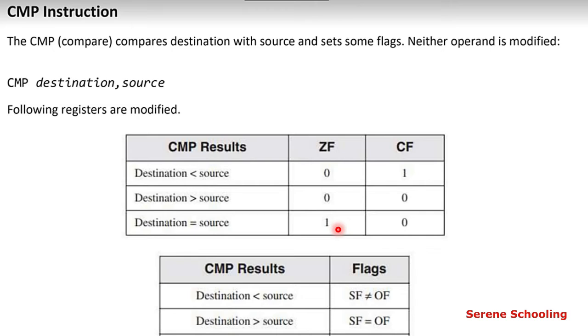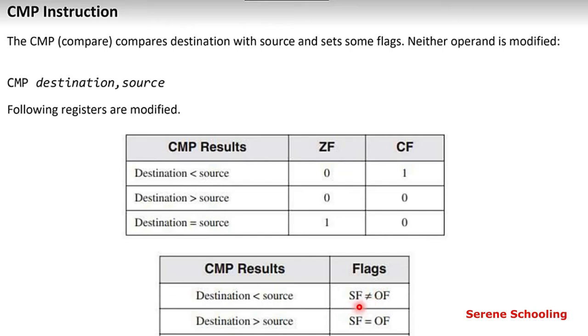Whenever two operands are equal, the zero flag will be activated after comparing the destination and source. Just suppose you subtract these two values: because they are equal, you get the result 0, right? So that's why when the values are equal, your zero flag gets activated. Similarly, you can see this for the sign flag and overflow flag as well.